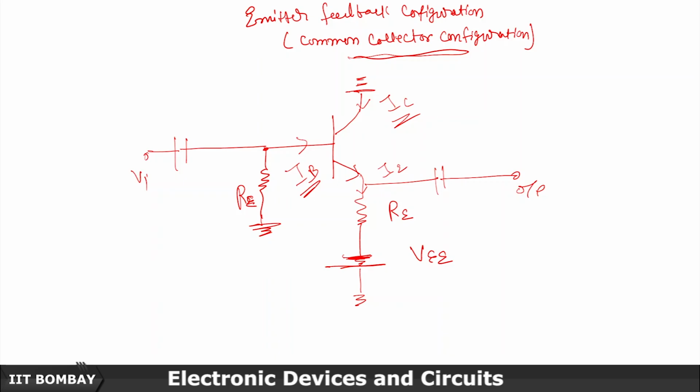So we will do the analysis for this. We'll draw the DC equivalent of this and calculate what sort of current we get. As you can see from this circuit diagram, it looks similar to the emitter bias configuration.